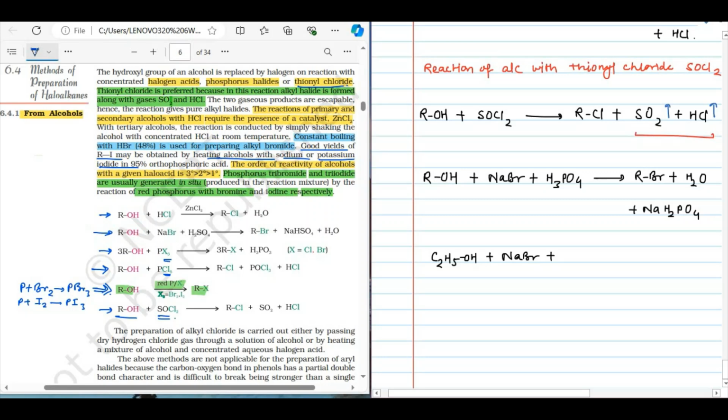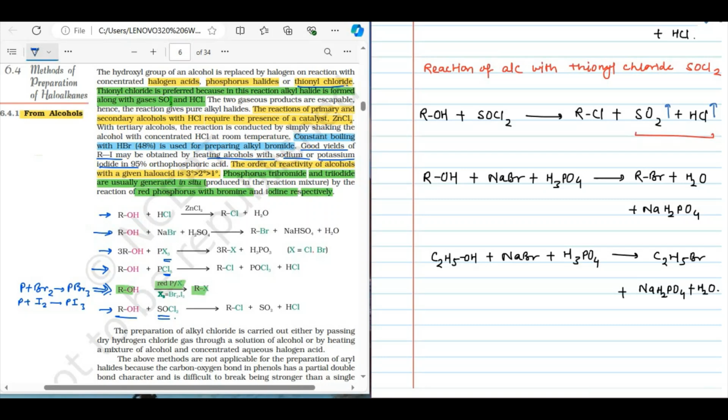Here I have taken NaBr with orthophosphoric acid H3PO4. It gives bromoethane, C2H5Br, and you will get byproducts NaH2PO4 and H2O.